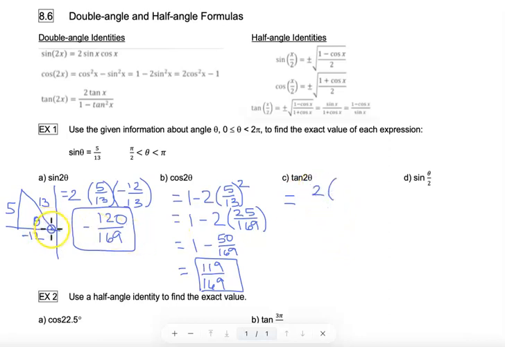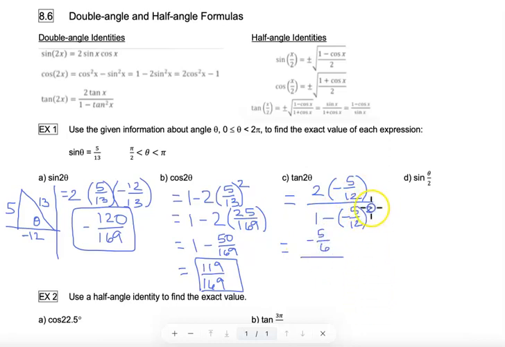Tangent is also going to be negative in this quadrant, and opposite over adjacent is going to be negative 5 over 12. So plug that in here, and then I'm going to plug it in again down in the denominator, but squaring it. On the top, the 2 and the 12 are going to reduce. So I've got negative 5 over 6 in the numerator.